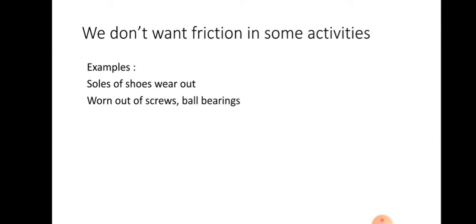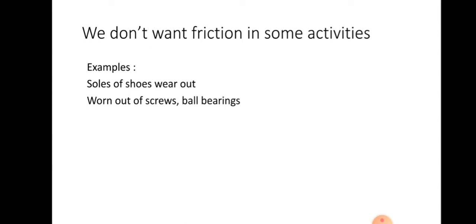So this property of friction, that friction produces heat, is also one of the drawbacks of friction in some other activities, some other events. In a machine, if you are operating the machine continuously, because of the friction the machine will be heated. Otherwise it will produce heat.